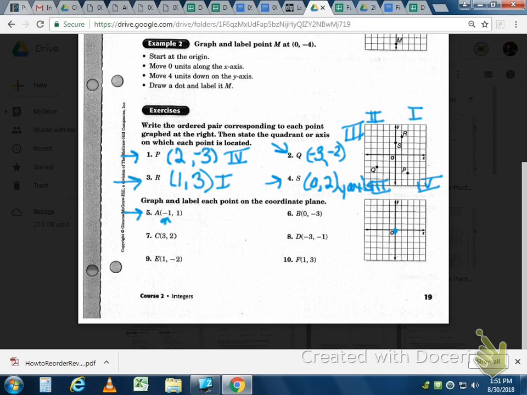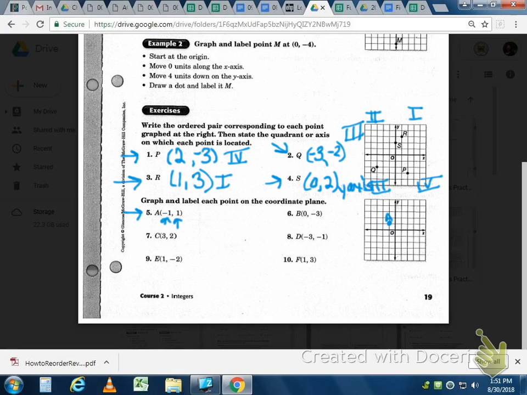So that one says -1. That means I'm going to go left 1, and then it says +1, so that means up 1. That means my ordered pair would be right there. I went left 1, up 1, and I label it with a capital A.